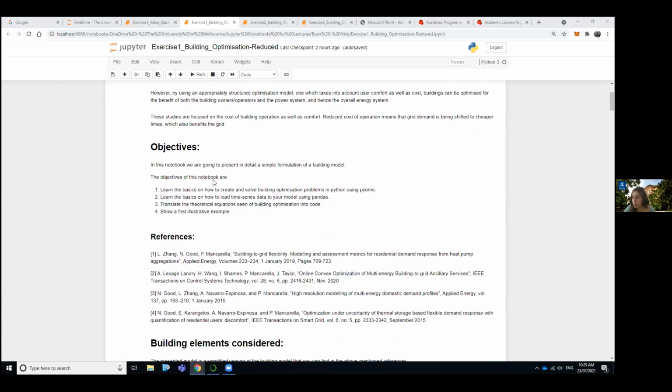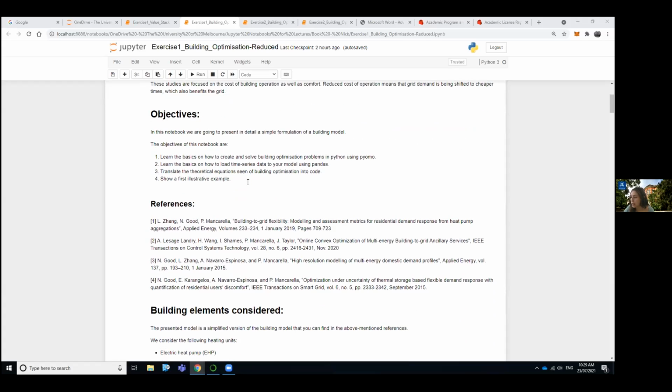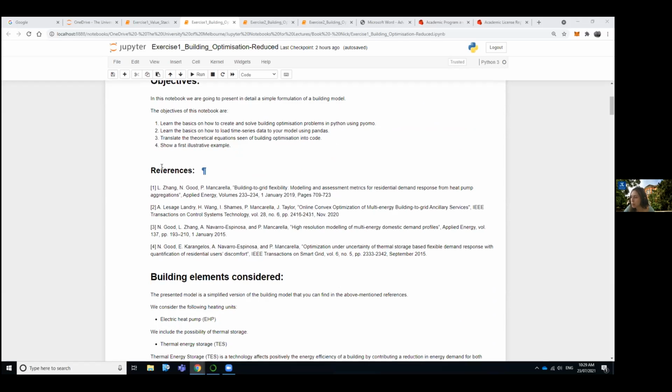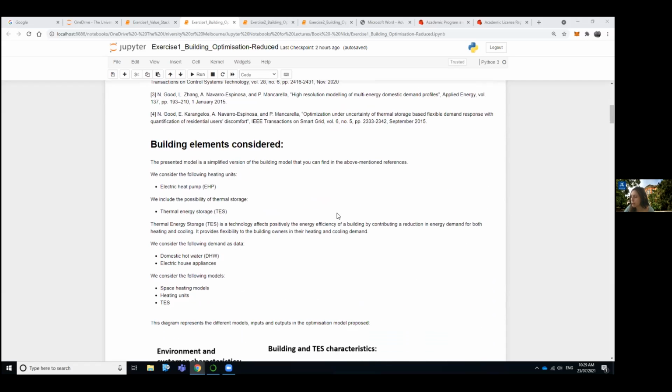This is the first time that we're going to actually use time series data, and we're going to show first a very simple example. And of course, if you want to learn more about these kinds of models, you have this reference here. This is a very simple model. So we're first considering only the electric heat pump as a heating unit.